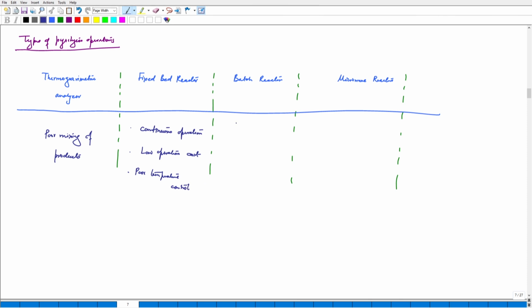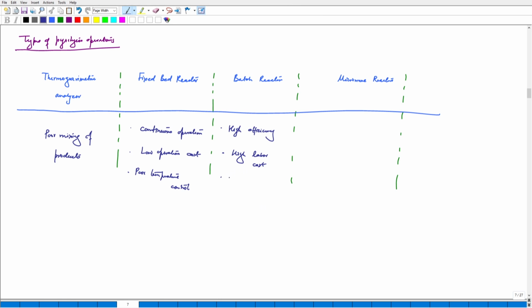Then we have batch reactor. It gives us high efficiency, but it has high labor cost, because one has to remove the material and recharge the furnace.